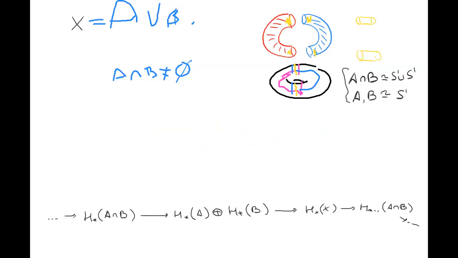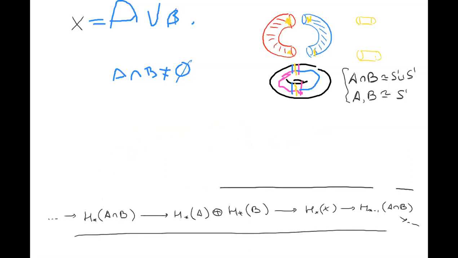So we have this sequence in the general case, and in the case of S1 product S1.